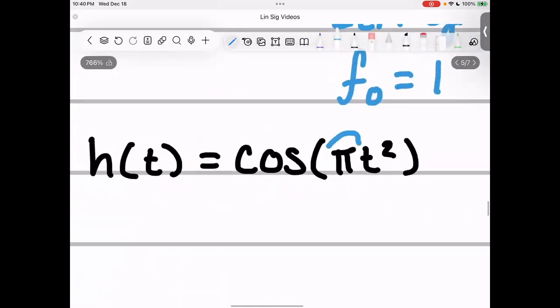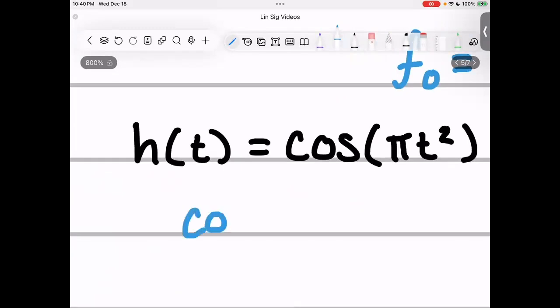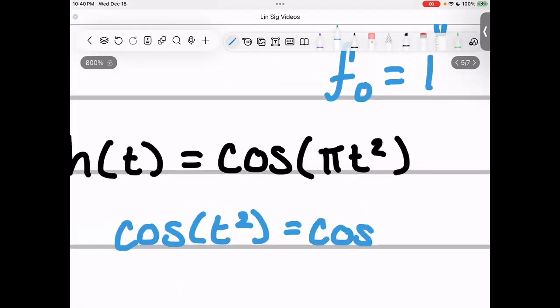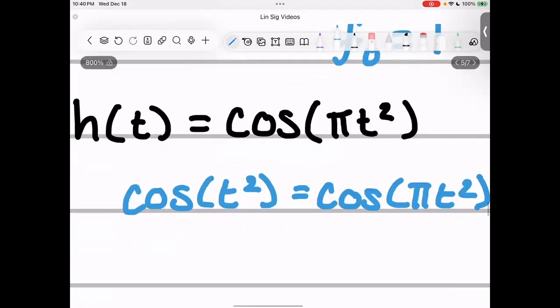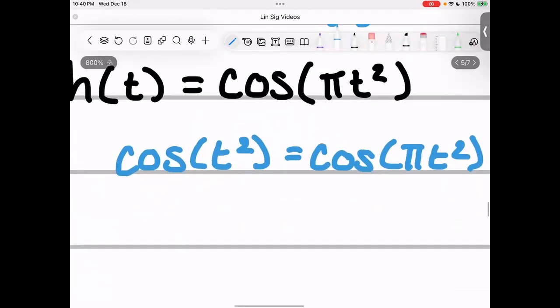But now what if we multiplied it by pi? Is there any number where we can get cosine of t squared equal to cosine of pi t squared? If you look at this on a unit circle, right, pi represents a semicircle.